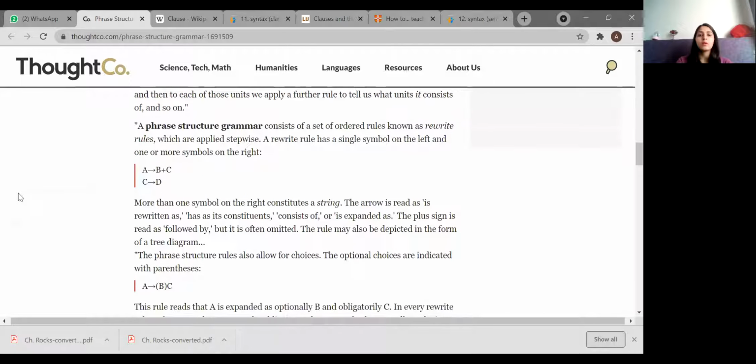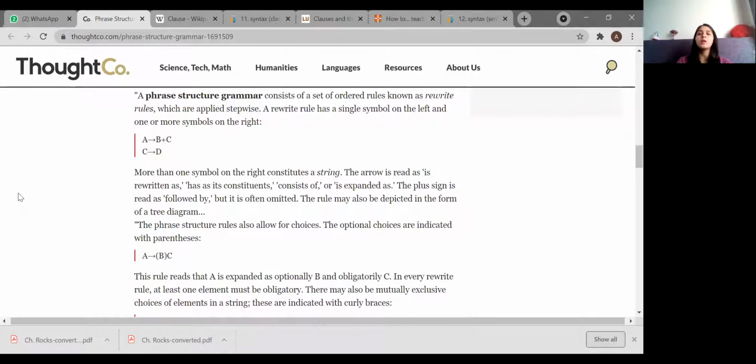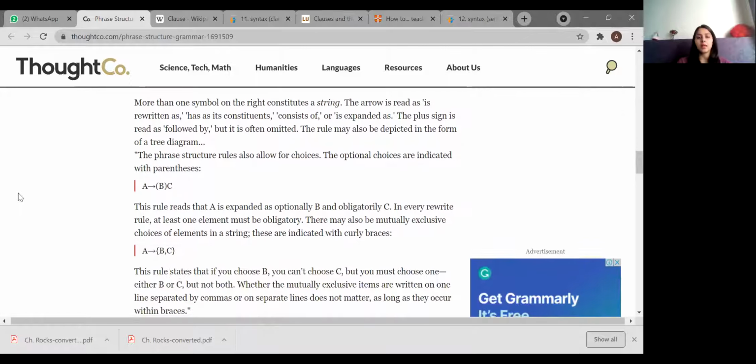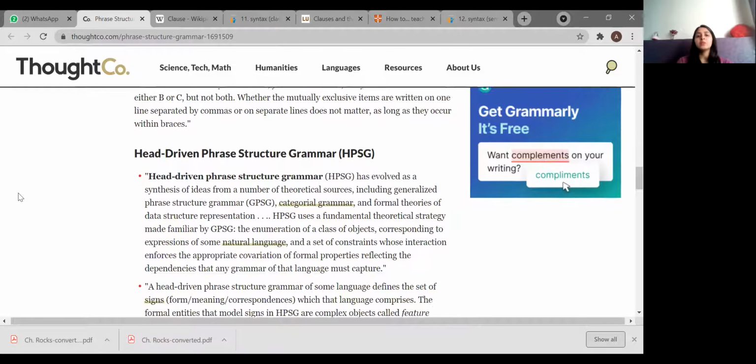Now here, a phrase structure grammar consists of a set of rules known as rewrite rules, which are applied stepwise. How are they applied? A rewrite rule has a single symbol on the left and one or more symbols on the right. Right? So you can see A goes to B plus C, like that. So these are the rules.